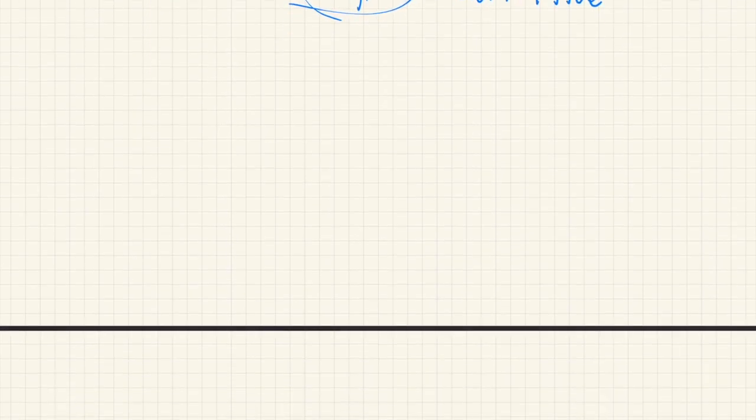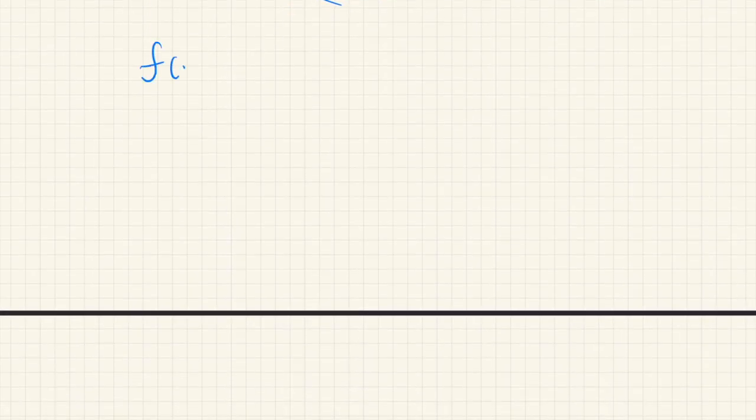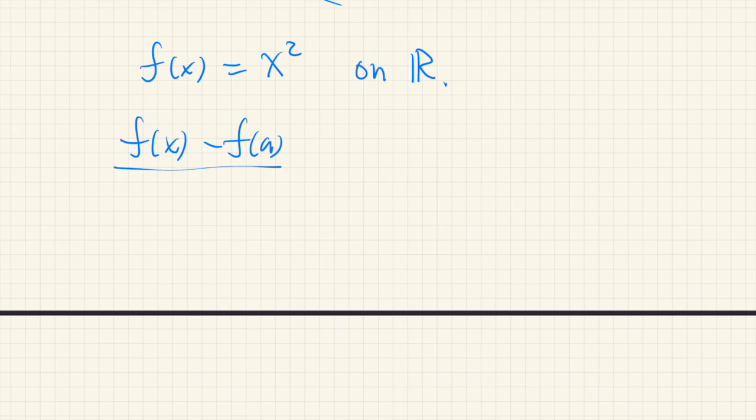Okay, let's consider a simple example. Suppose we have a function f of x equal to x squared, defined on the entire real numbers. Let's find the differential coefficient at any point a. f of x minus f of a divided by x minus a is x squared minus a squared over x minus a.